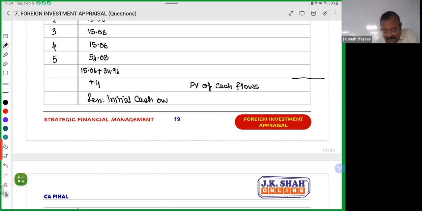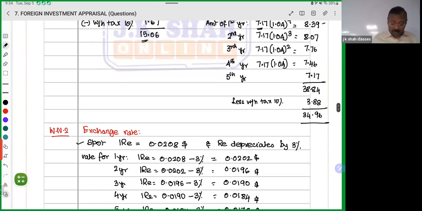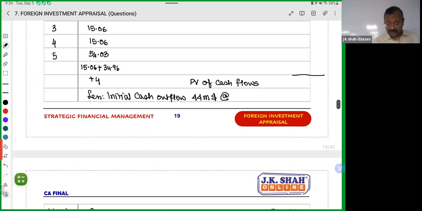How much is the initial cash outflow? $44 million at spot rate, no? 1 rupee equals 0.0208 dollars will give you some figure. This should give us the NPV.